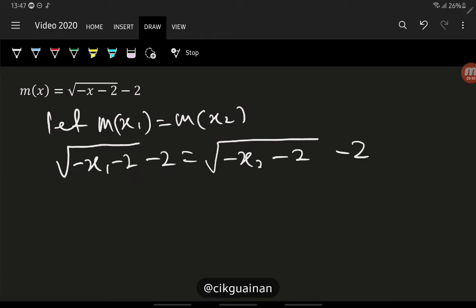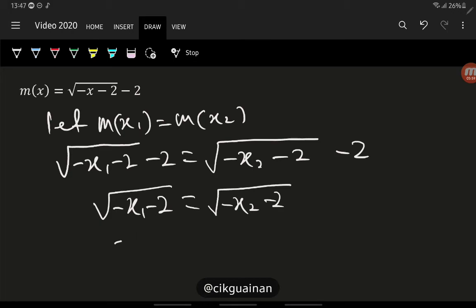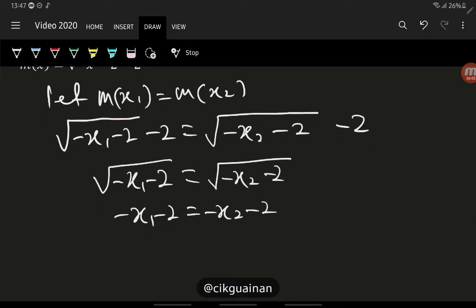The minus 2 we can leave us with the square root, and then we can leave this as well. The minus 2 also we can lose, they cancel each other. We have this, and last but not least, we have x1 equals x2.